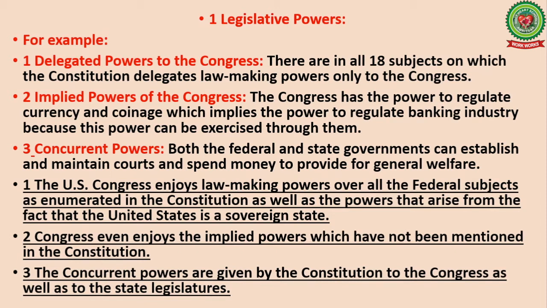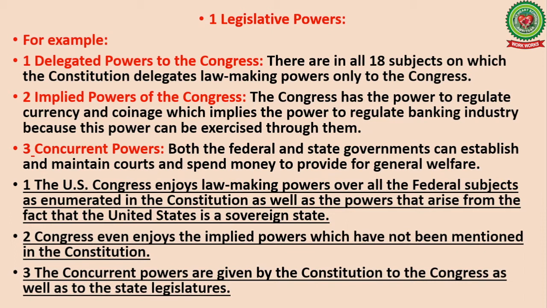The US Congress enjoys lawmaking powers over all the federal subjects as enumerated in the Constitution, as well as the powers that arise from the fact that the United States is a sovereign state. Congress even enjoys the implied powers which have not been mentioned in the Constitution.